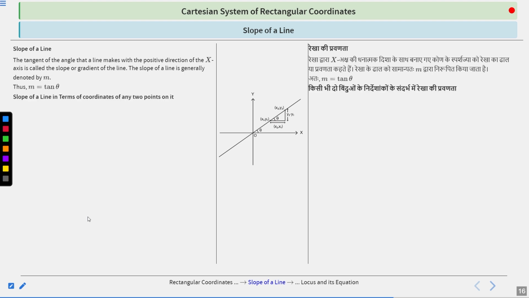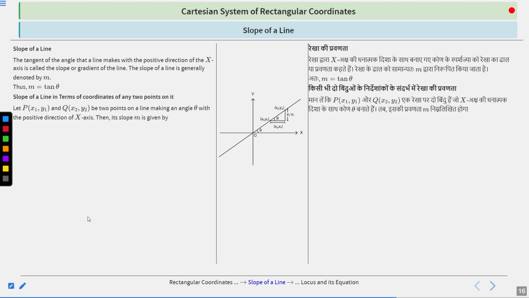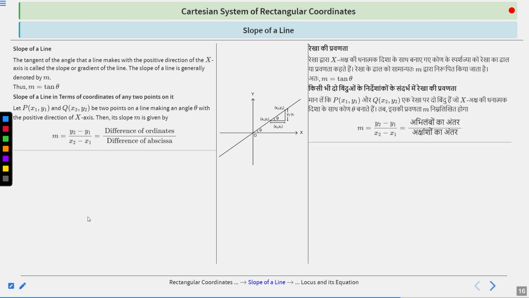Slope of a line in terms of coordinates of any 2 points on it: let P(x1, y1) and Q(x2, y2) be 2 points on a line making an angle theta with the positive direction of the x-axis. Then its slope m is given by m = (y2 - y1)/(x2 - x1) = difference of ordinates upon difference of abscissa, right?